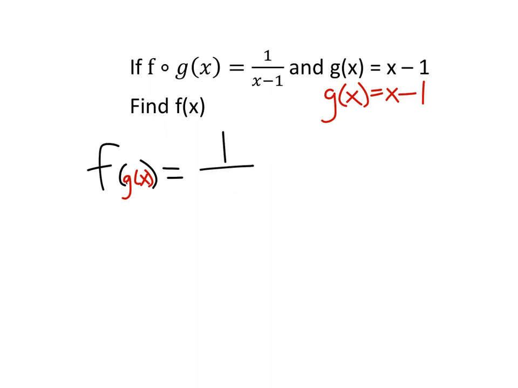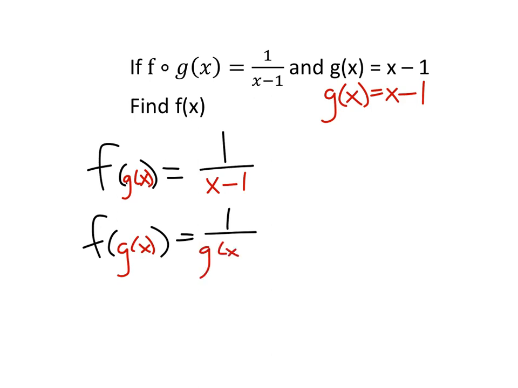We can see that x minus 1 is that denominator right there. So that means that f of g of x is really equal to 1 over g of x. Now that means that red g of x in the denominator is where we replaced x for f of x.